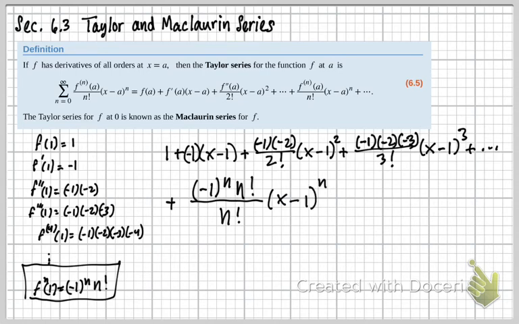Hopefully that's okay for everyone. Now notice this, those n factorials cancel out. So my nth term actually turns out to be negative 1 to the n times x minus 1 to the n. There it is.